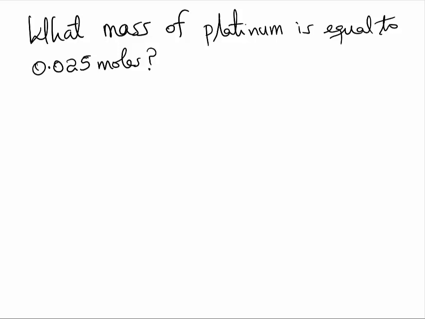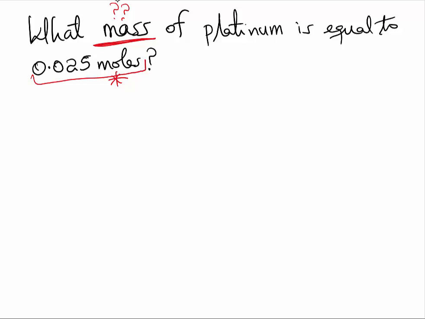The very first thing to try to do is to understand what you know and what you don't know. In this question, we want to find the mass. That is what we do not know. But what do we know? We know the mole. Is there a direct relationship between mass and mole? Yes, but to know that relationship, we need to know the identity of the substance we are dealing with.